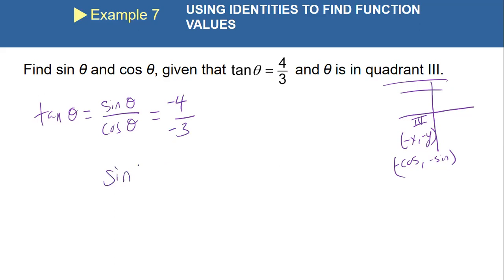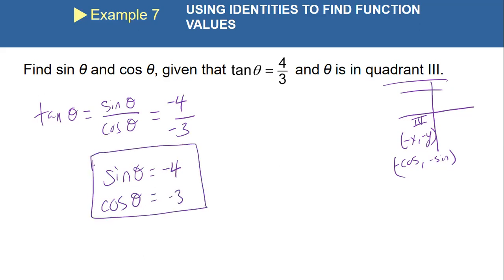So my answer is sine theta equals negative 4 and cosine theta equals negative 3. And I am done. I have nothing else to go off of. I only use the information that is given to me. Okay. And this is because I applied the quotient rule.